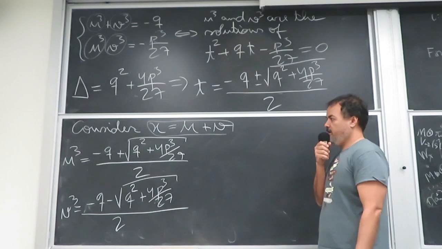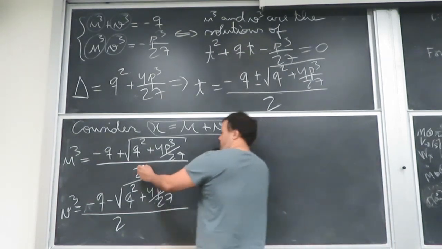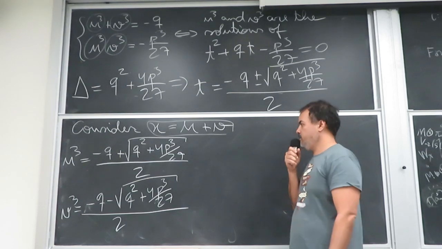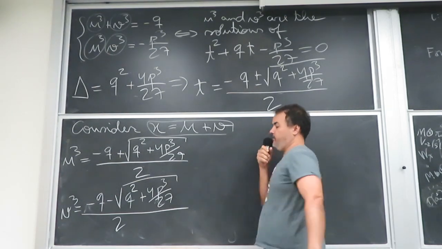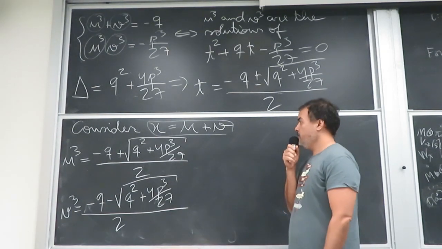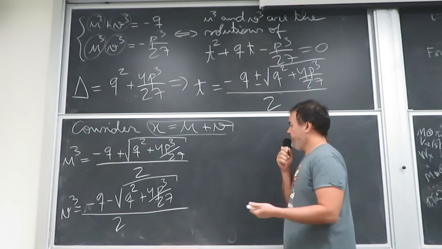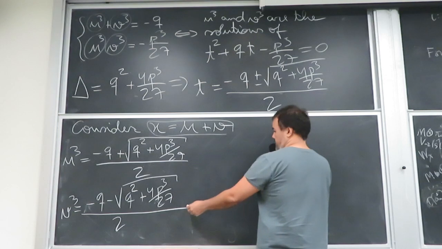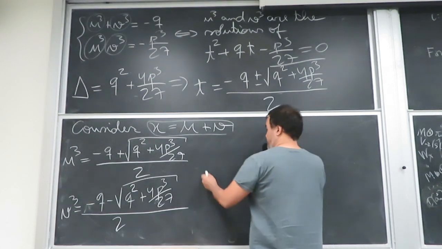Okay, then from this equation over the complex numbers, these have three solutions, right? Well, the first solution is when this is a real number and this is a real number.